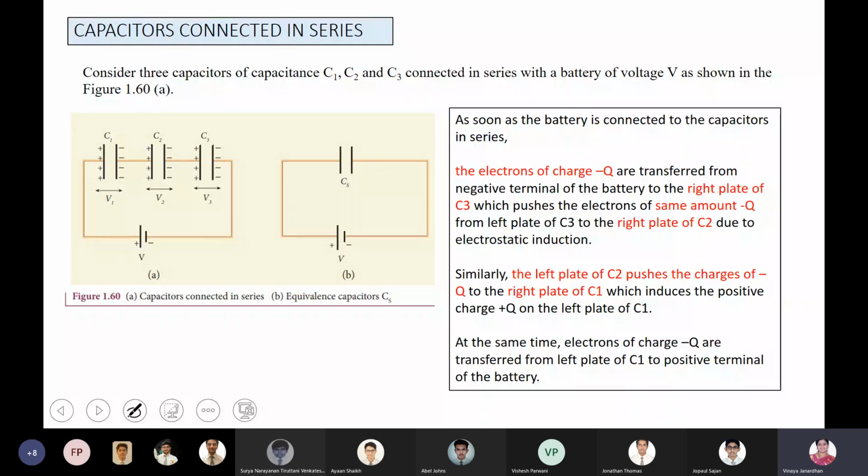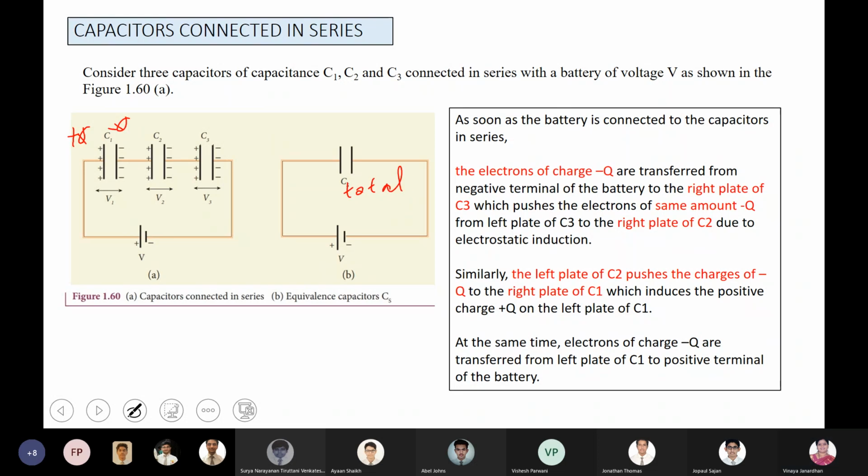So suppose C1 has plus Q charge, the other plate will have minus Q. Same thing, the charges on C1, C2 and C3 are plus and minus Q respectively, but the voltage across each of the capacitors will be different. And all these voltages add up to the total voltage V. So you are going for an equivalent circuit where all these three capacitors are combined as C total.